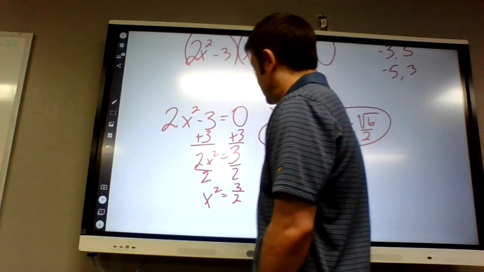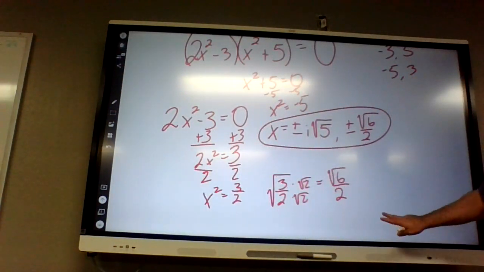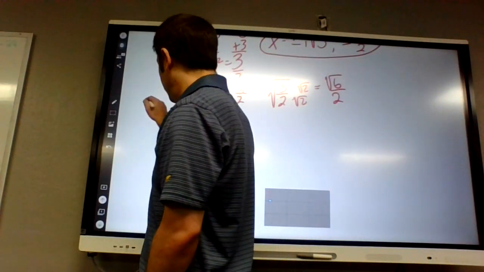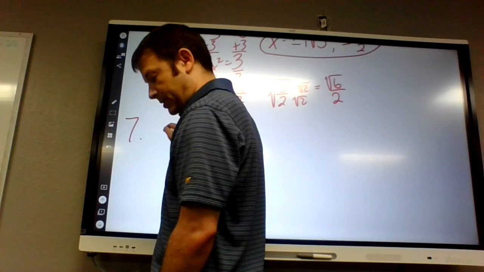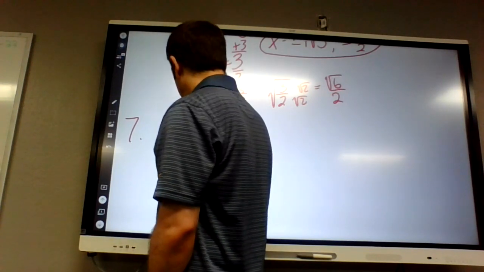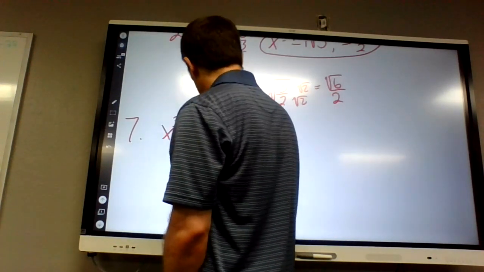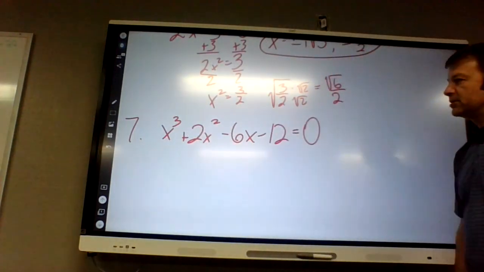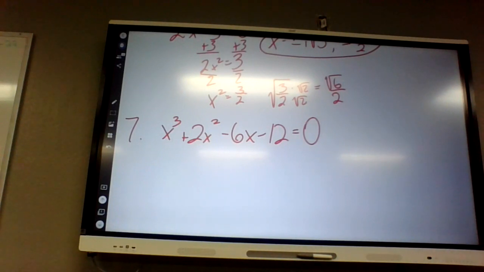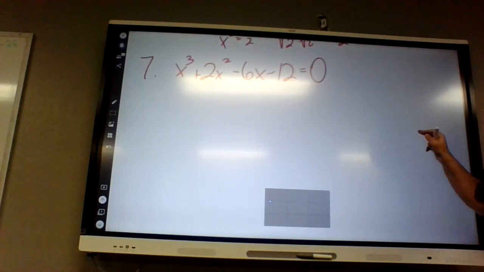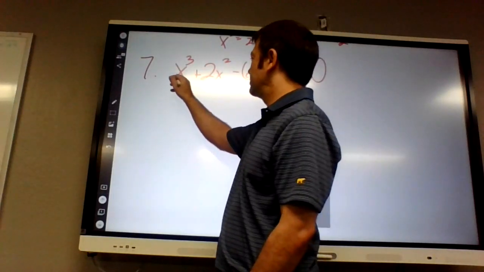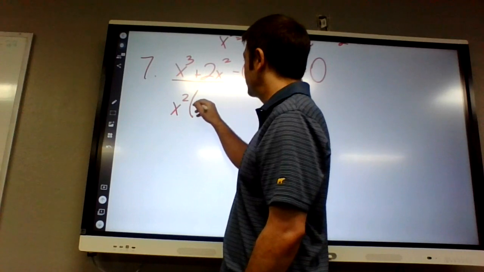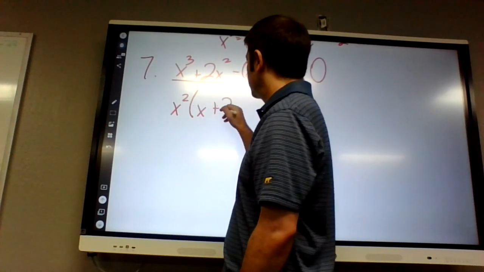All right, so on number 7, I need to bring the 12 over to the left, subtract it over, so I get x cubed plus 2x squared minus 6x minus 12. So what kind of problem is this one? Grouping. What comes out of the first two? x squared. What's left if I divide those by x squared? x plus 2.